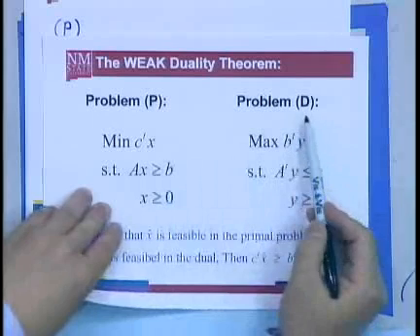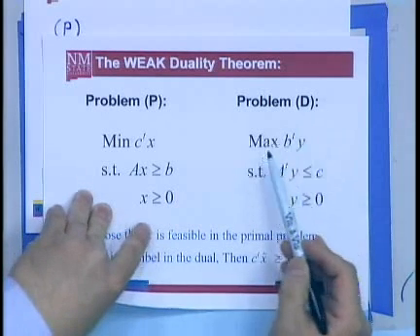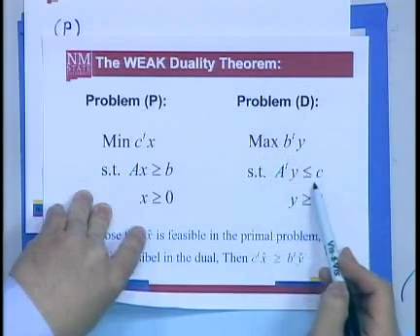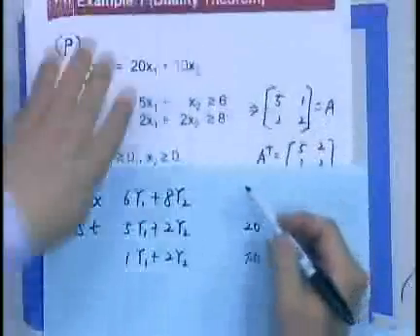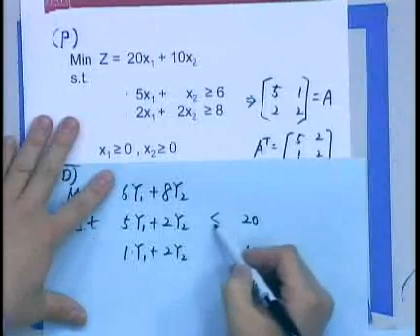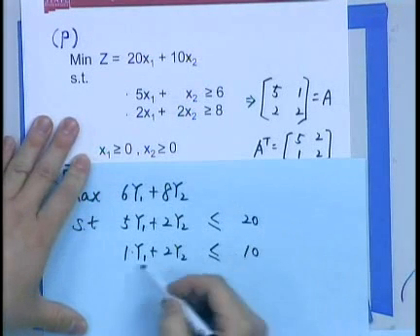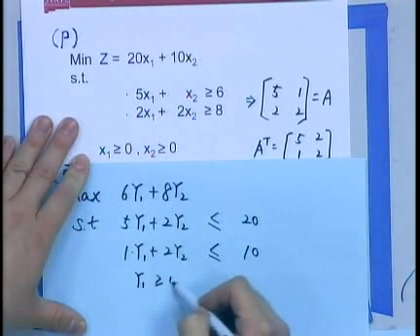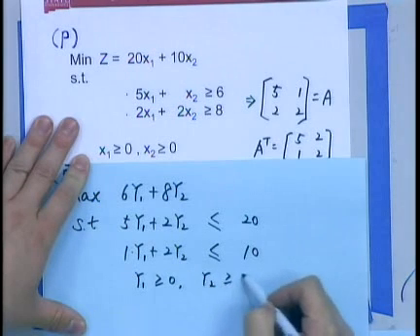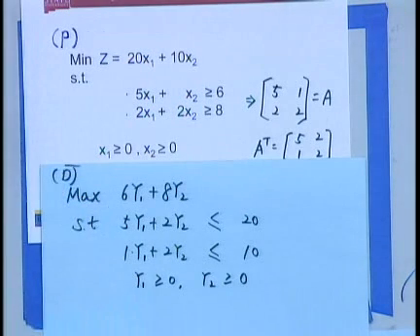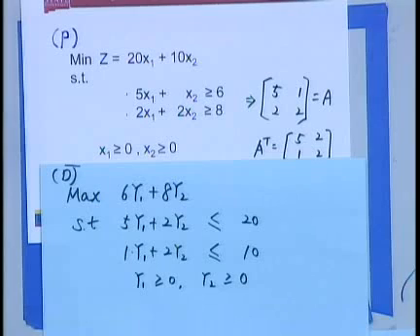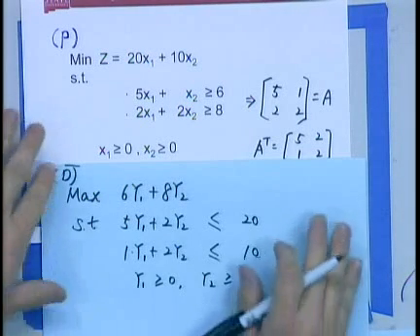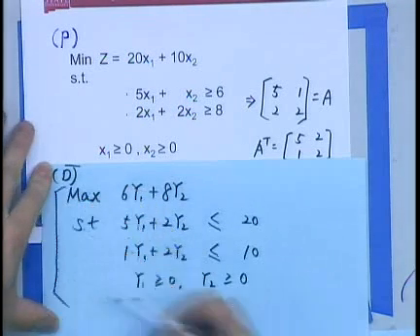Which means the dual problem must be a maximization problem with less than or equal constraints and non-negativity restrictions. So all the constraints should have the less than or equal sign, right? And both variables y1 and y2 should be greater than or equal to 0. So we've constructed the dual problem like this, right?